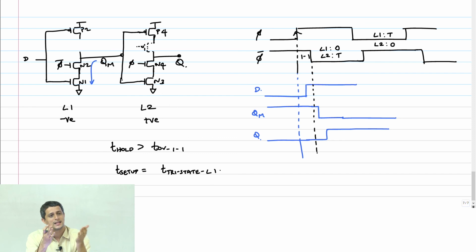Whatever delay, as long as you are able to charge that capacitor on QM correctly, your setup is done. If you cut it off before that, then you have a problem. What about TCQ? Exactly. This is T tri-state L2.